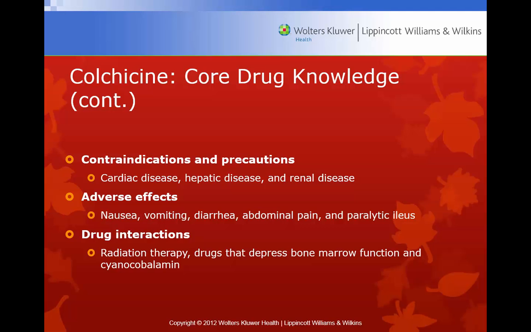We're going to tell patients to keep taking this drug pretty much until they start having diarrhea, like to treat an acute gout flare. We're going to have them start on it and then tell them that once the diarrhea starts, they should stop taking it.